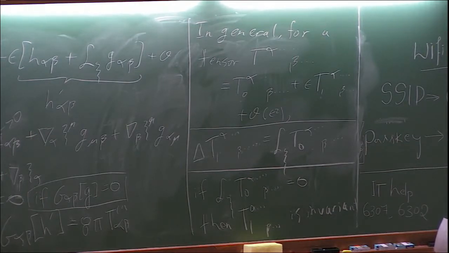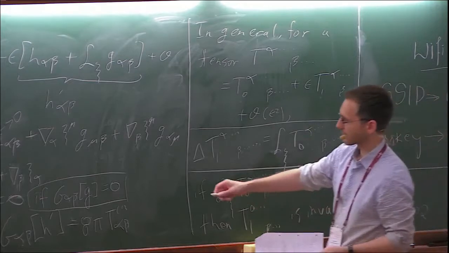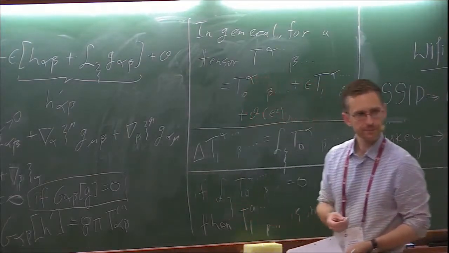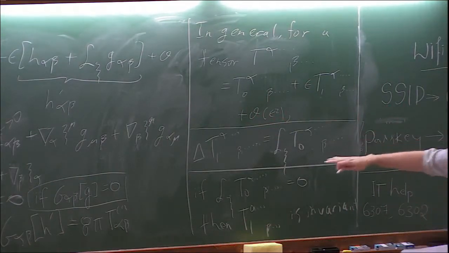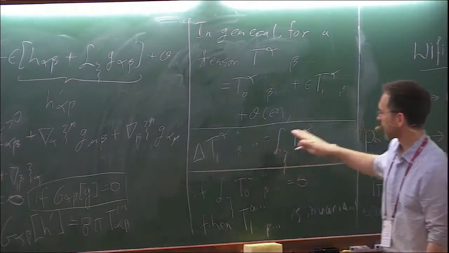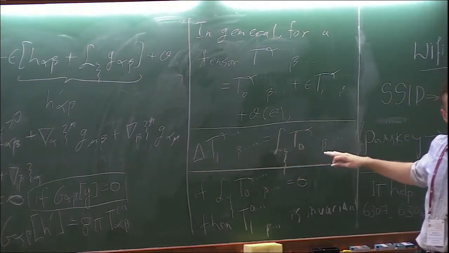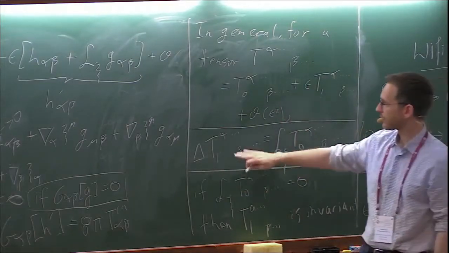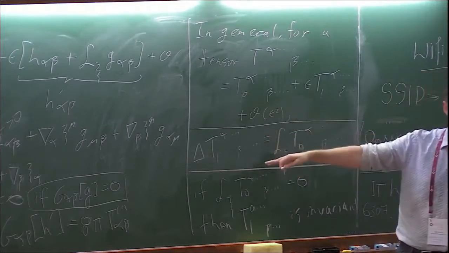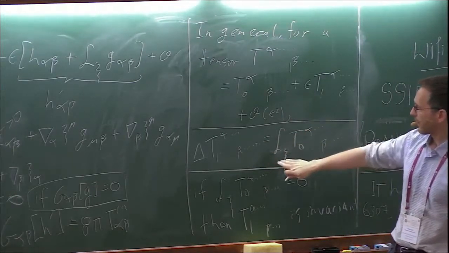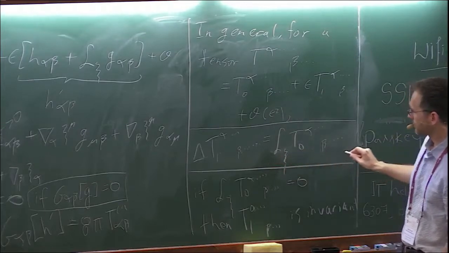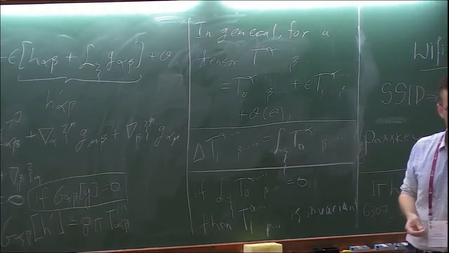Yeah, so if the background is vacuum. What's that? I'm saying that this is just a consequence of a very general rule, that the linear perturbation in any tensor, it doesn't have to be G, any tensor, is gauge invariant if the 0th order term is 0.